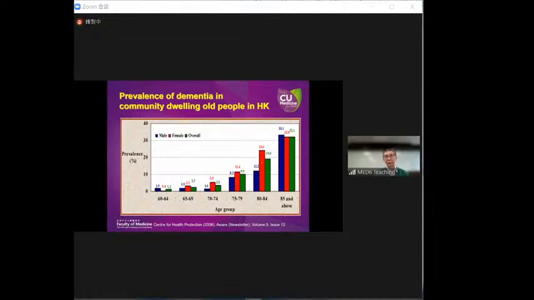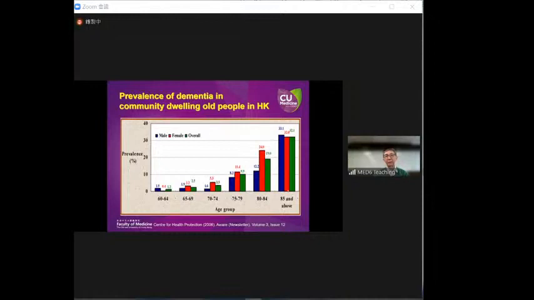So that's why, in this age group, the peak, the chance of dementia is already very significant. And if you have low education, then you're more likely to develop dementia.